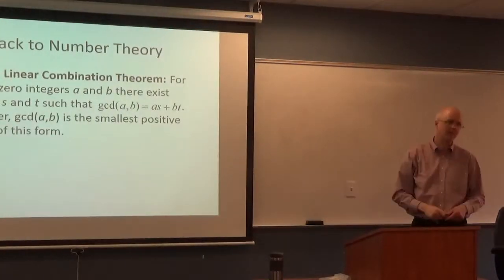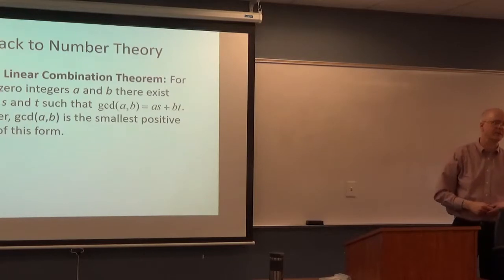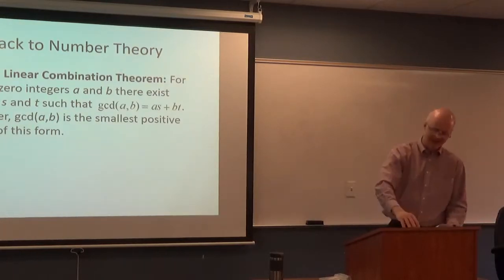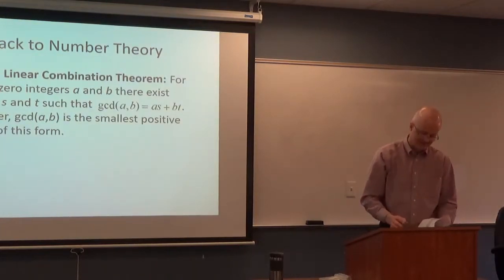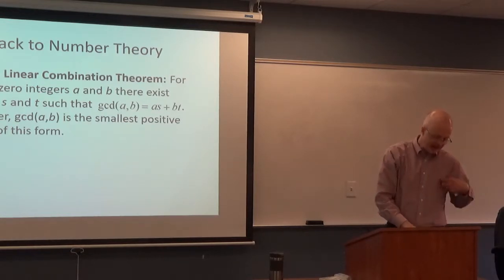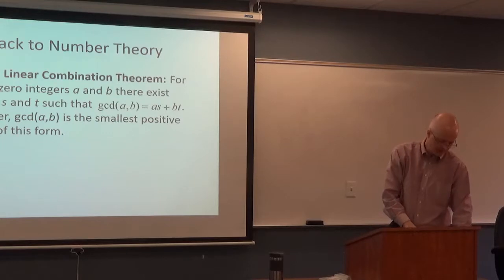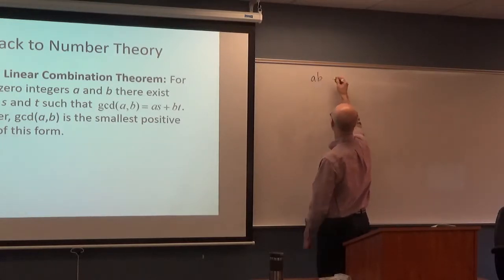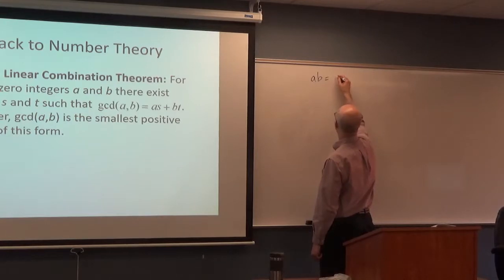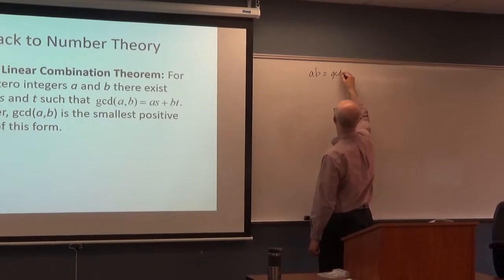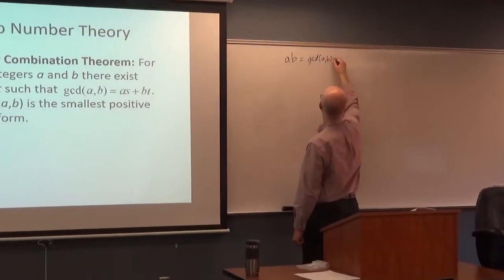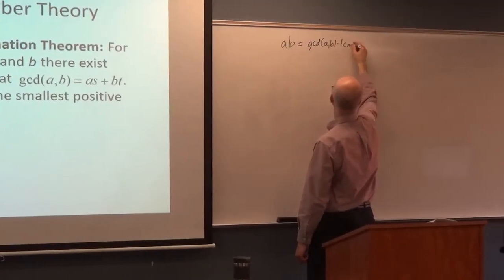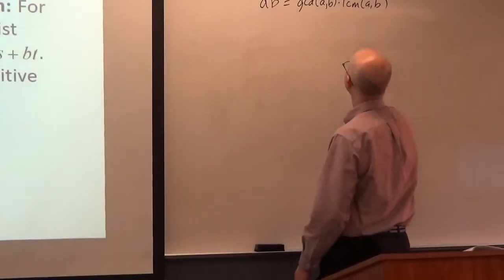It's of a homework problem that was actually not assigned, but I referred to it. Exercise 5, page 24 if you want to look there. It's to show that if you have 2 positive integers, a and b, then A times b can also be calculated by doing the GCD of a comma b times the LCM, least common multiple of a and b.